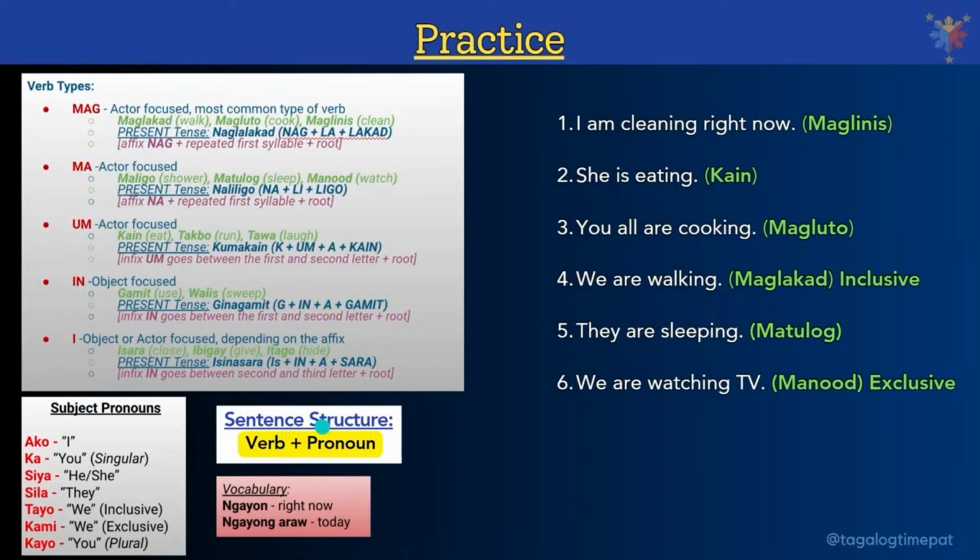Remember our sentence structure here, verb plus pronoun. So the verb for to clean is maglinis. In the present tense, it's naglilinis. So mag verbs, remember the pattern is affix nag, then there's a repeated first syllable, and then the root.